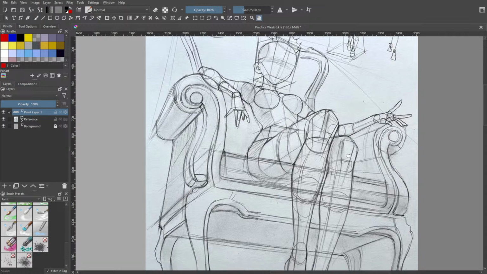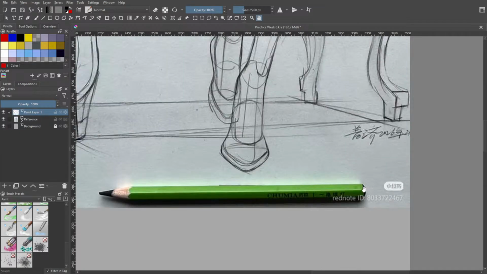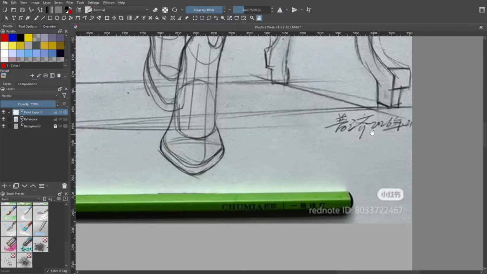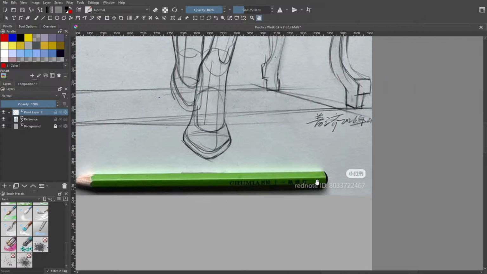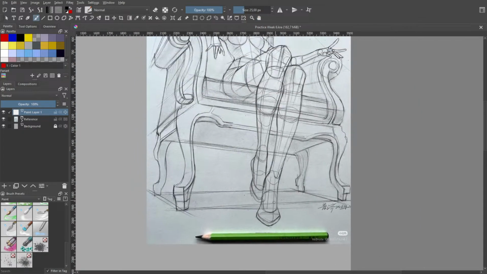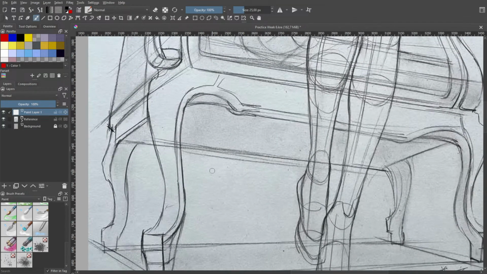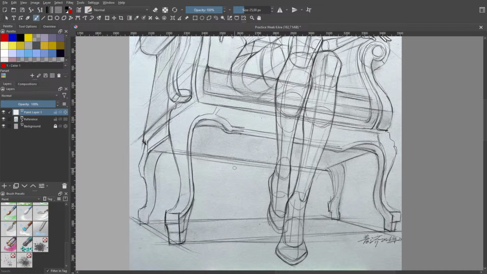This might even be... wait, isn't it analog? Yeah, it is. Oh, that's who drew this. That's the guy. I can't read Chinese, though, so I can't tell you. Chumia. Red Note, huh? A bunch of good artists over in China. Unfortunate.